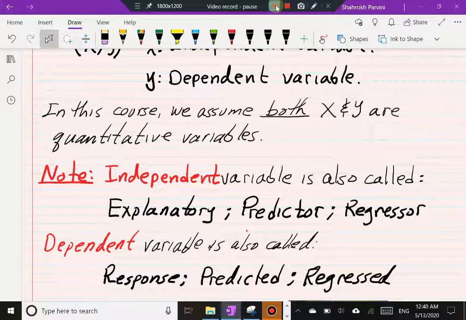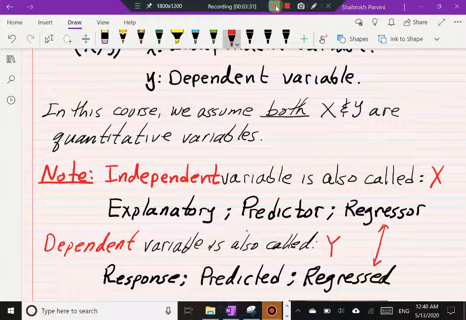Remember, independent is x and dependent is y. Those who call x regressor call y regressed. Those who call x predictor call y predicted, and likewise those who call x explanatory typically call y the response variable.